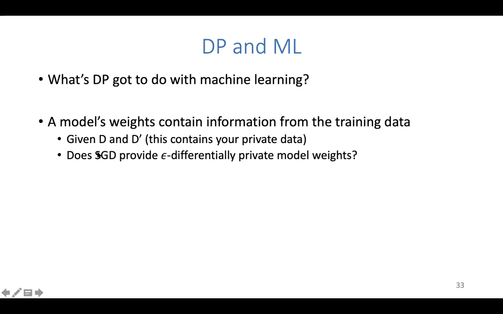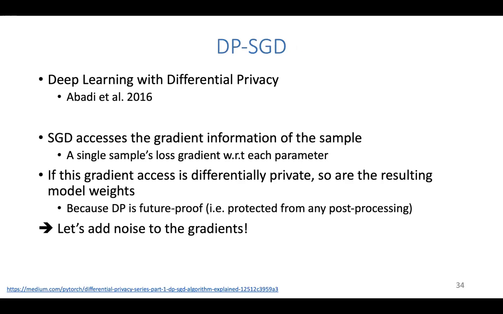Stochastic gradient descent is the algorithm that derives data from D and D prime, and the derived data being the model weights, the model parameters. So can we say that stochastic gradient descent provides epsilon differential privacy? And the answer is no. So that is why we need differential privacy in machine learning.